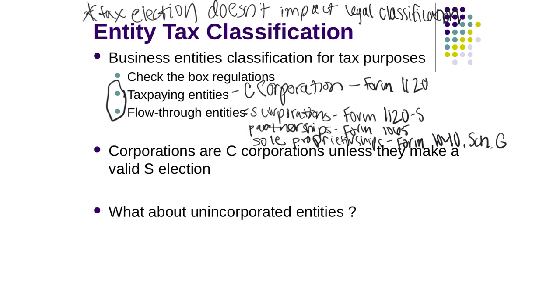There we go, Schedule C. And these four here, the C corporation, the S corporation, partnership, and sole proprietorship, these are the four main tax classifications.